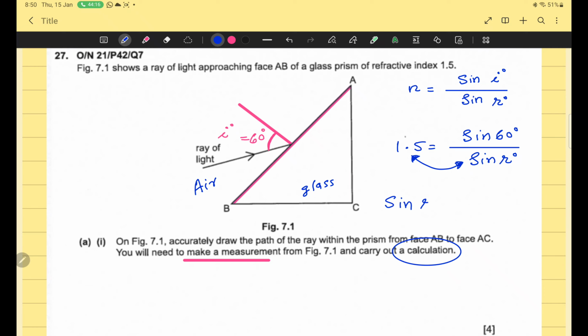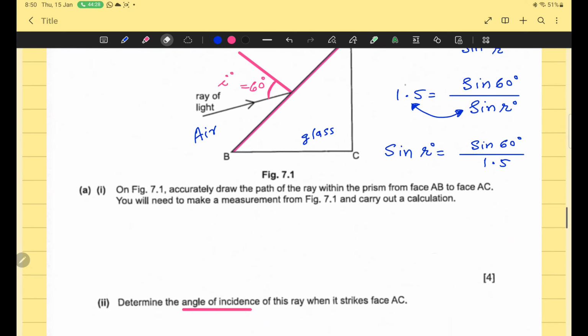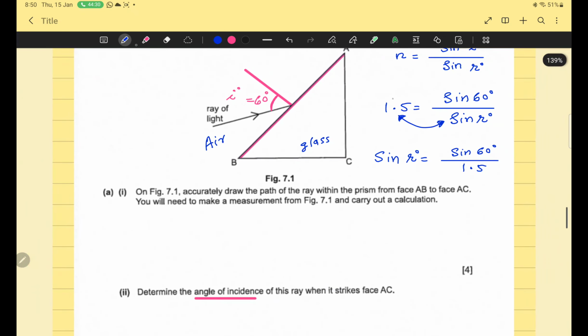Sine R is equal to sine 60 divided by 1.5.